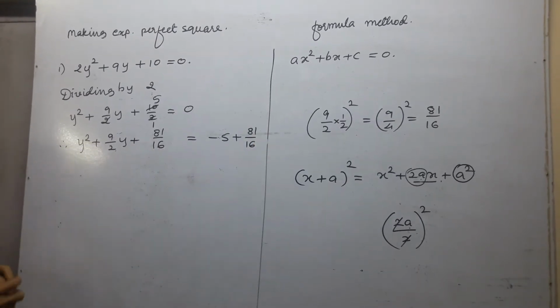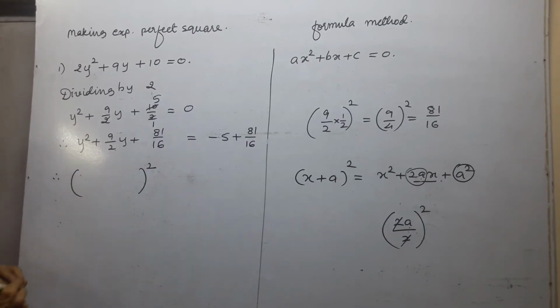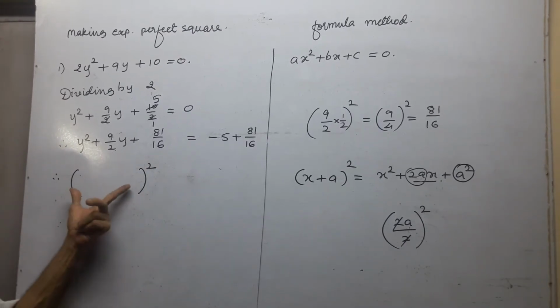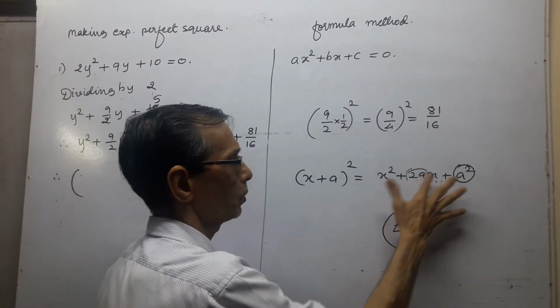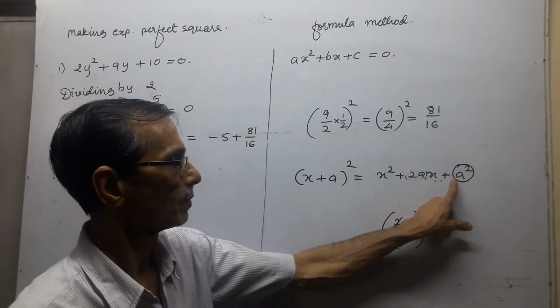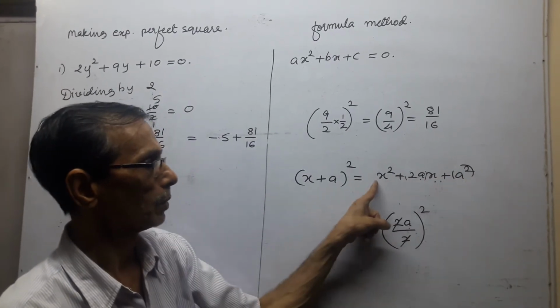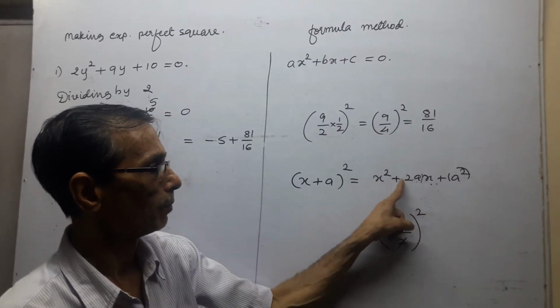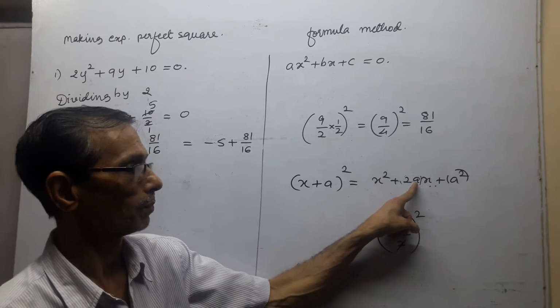Now this is a perfect square, and therefore we can write it directly as a bracket square. See how to write the bracket. You know, in a perfect square there are three terms, of which the first and third terms are perfect squares, and the middle term is 2 into the square root of the first term and the square root of the third term.